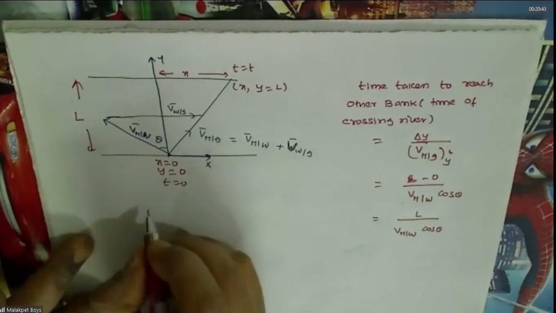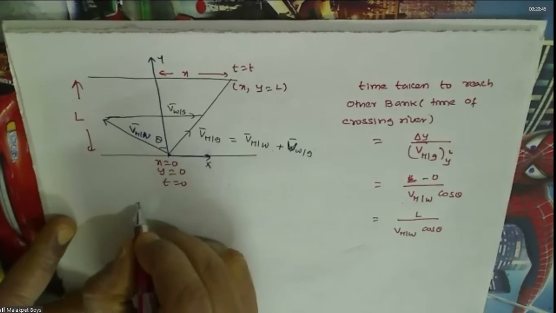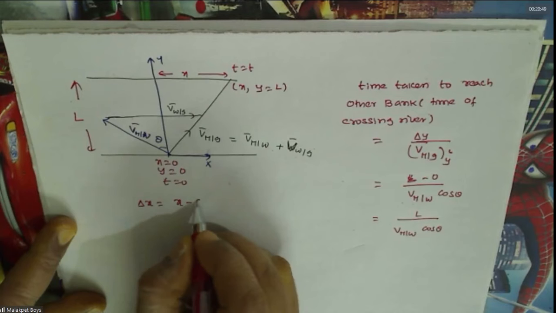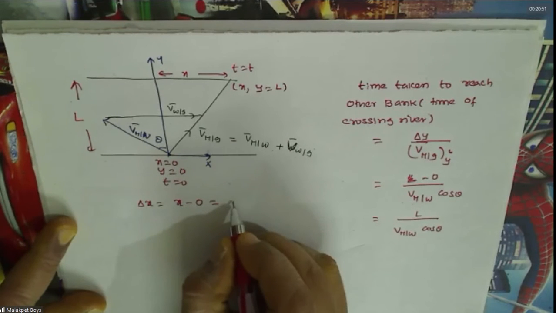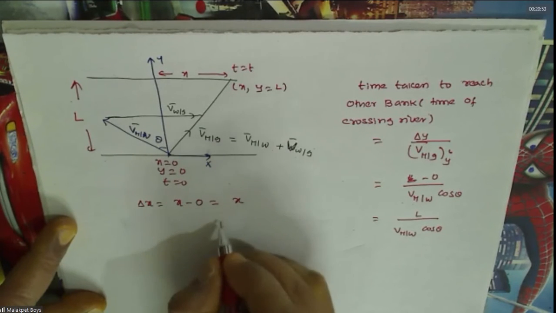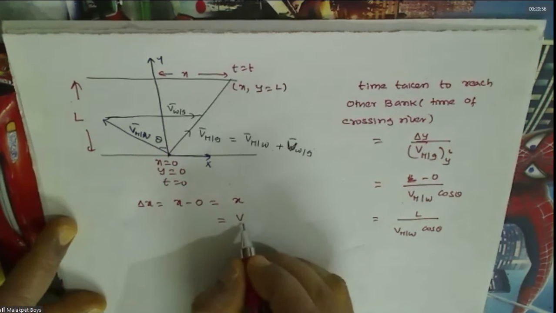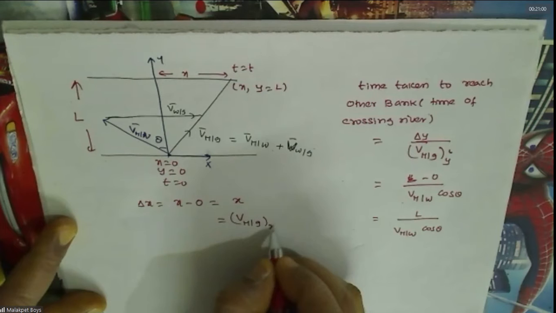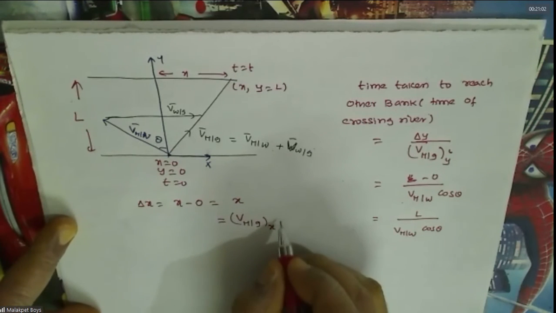Okay, so here what you want is displacement. Displacement in the x direction is final x coordinate minus initial x coordinate. This is x. Okay, this is nothing but velocity of man with respect to ground in which direction? X direction. Okay, into time.